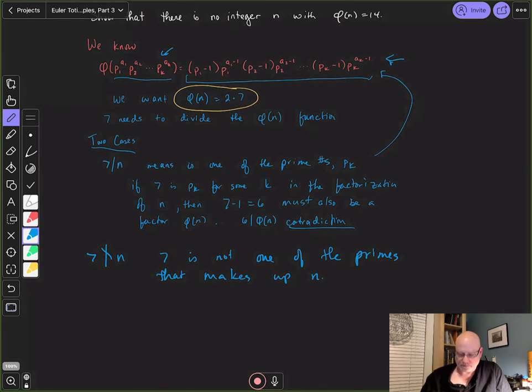Now, this leads to a contradiction. If we're saying that 7 divides the phi function, which is what we looked at up here, then since it can't be p1, p2 up through pk, it must be p sub 1 minus 1, or p sub 2 minus 1, up through p sub k minus 1.